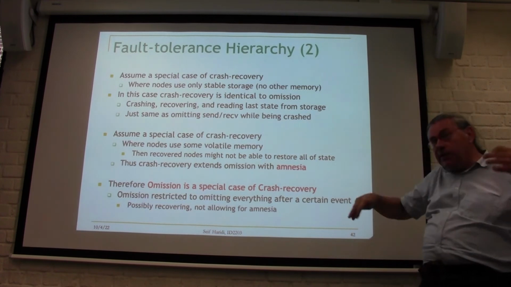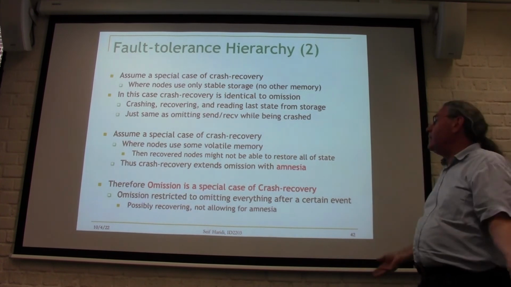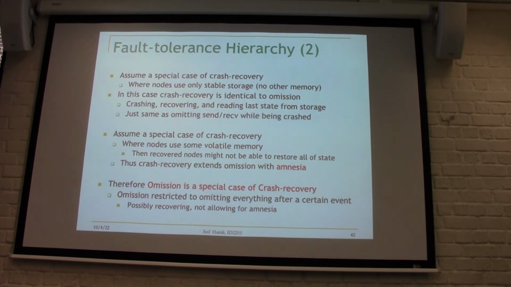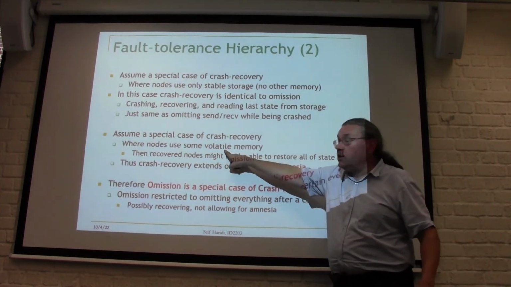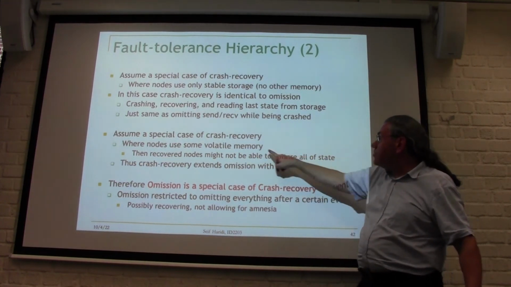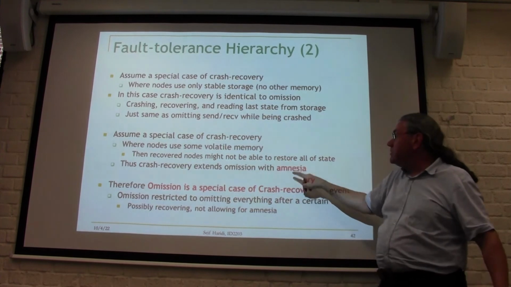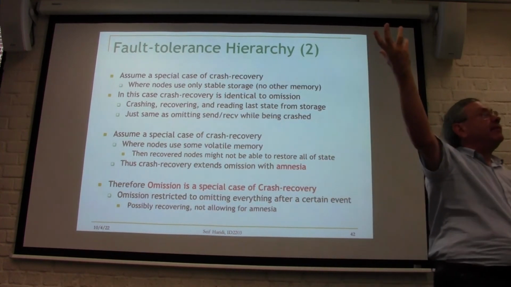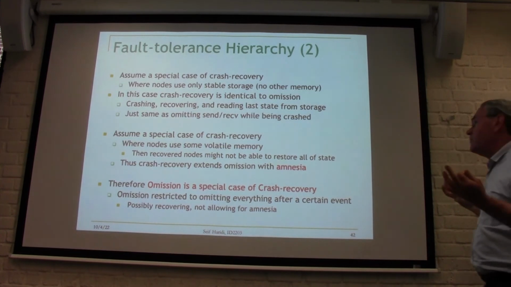But crash recovery is actually more than that. It has more kinds of failure than just omission, because it might have volatile, so kind of temporary memory. And when it crashes, this memory goes away. You could say it's like amnesia. I forget something. Well, omission doesn't forget anything.